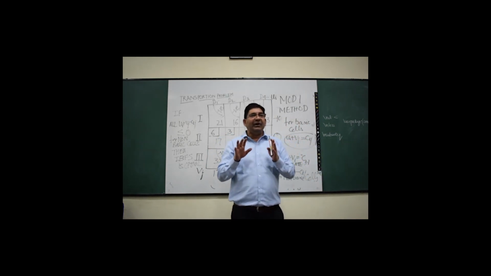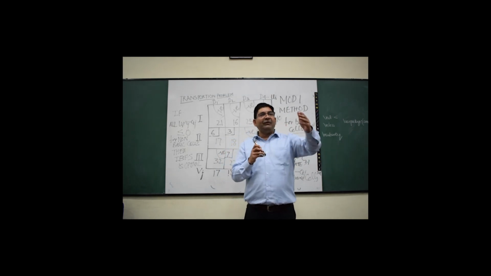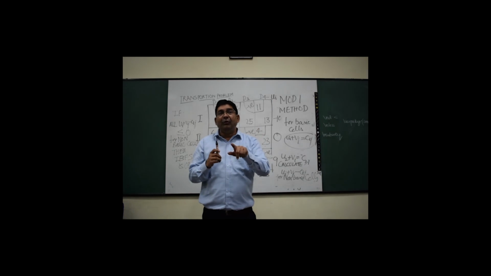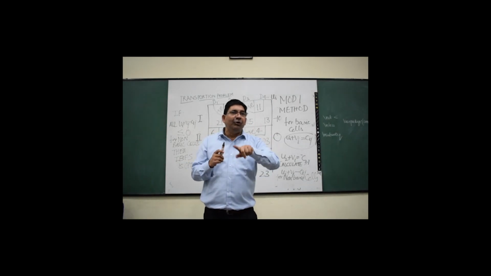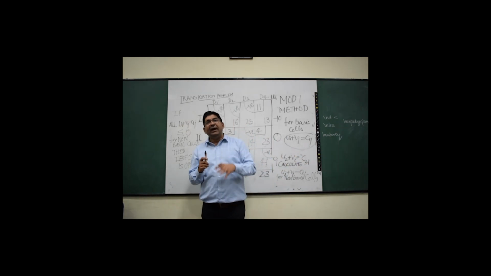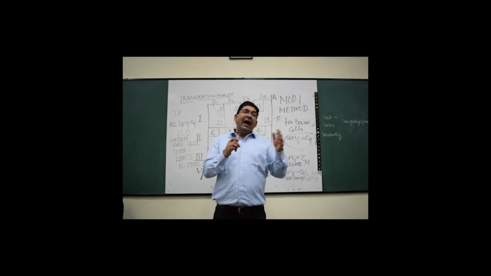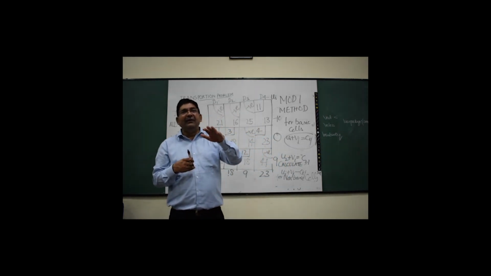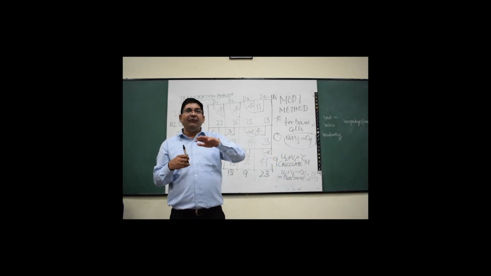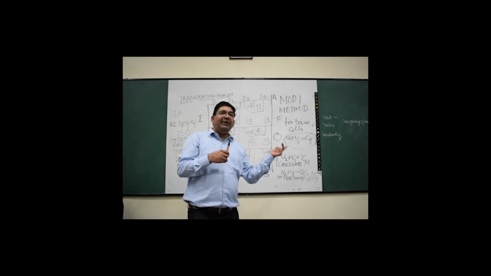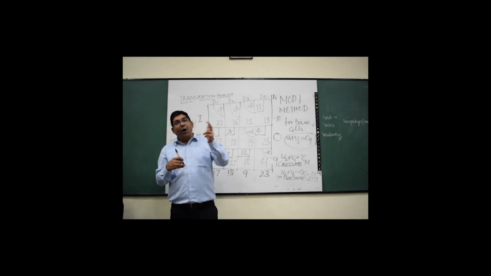For a given transportation problem, we can use either the northwest corner method or Vogel's approximation method. I have already told you that unless it is specified, we always find the initial basic feasible solution by Vogel's approximation method. After finding the initial solution, we check its optimality, whether the given initial basic feasible solution is optimal or not.